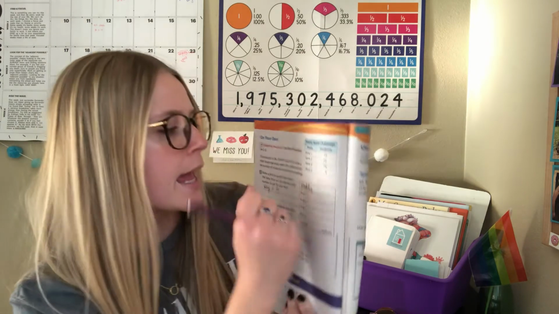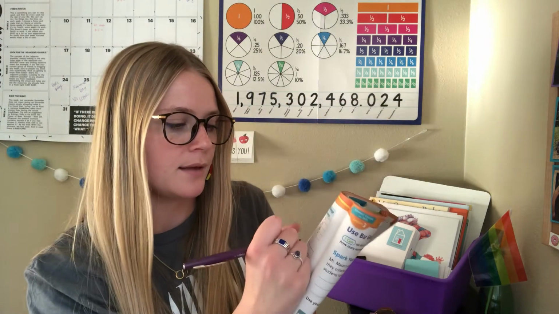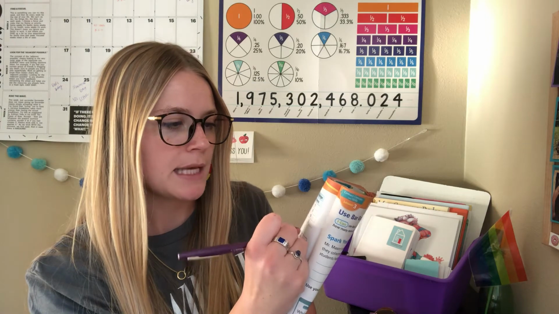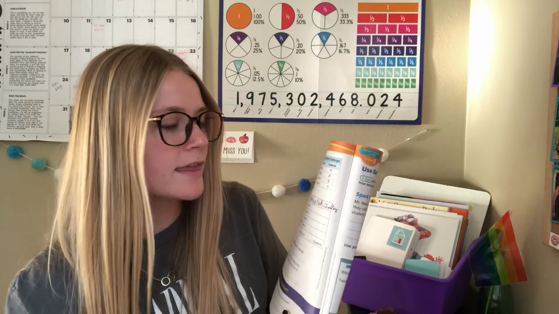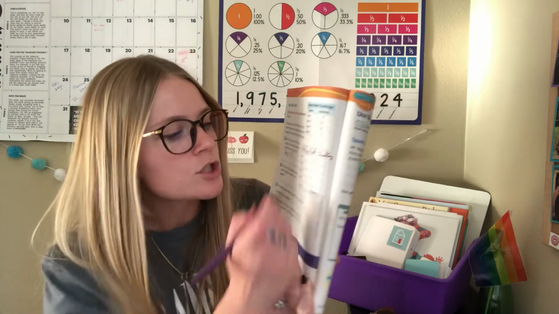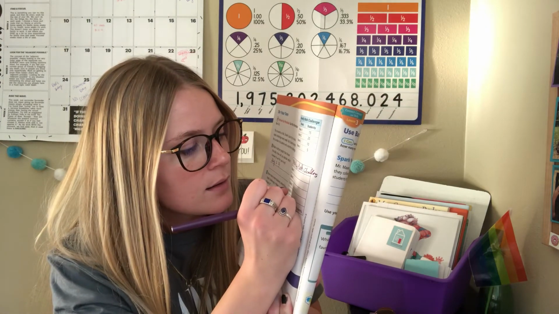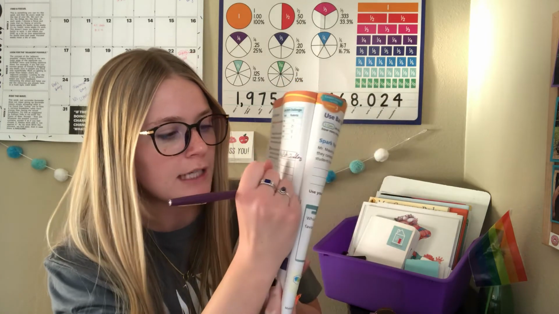Or you could say Miss Dover's weekly math challenge, something like that, but keep it simple. Week 1, there are 15 students. So what symbol do we want for the key? I'm just going to do a circle. So then we decided the circle represents 5 students.